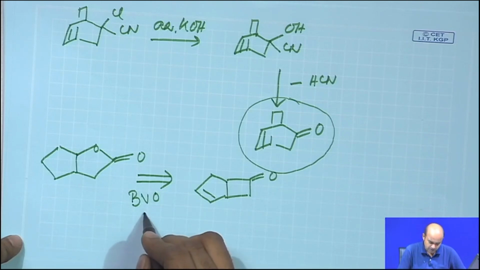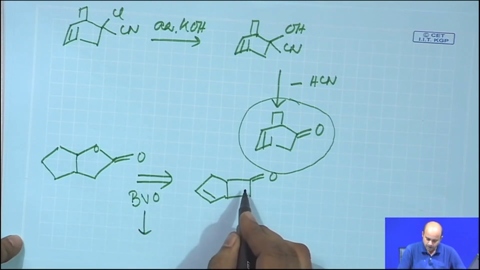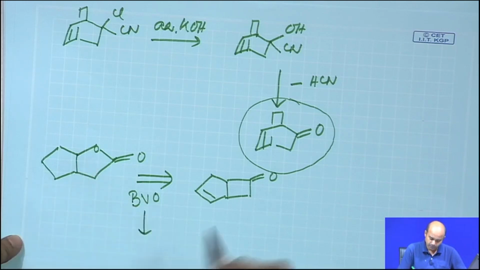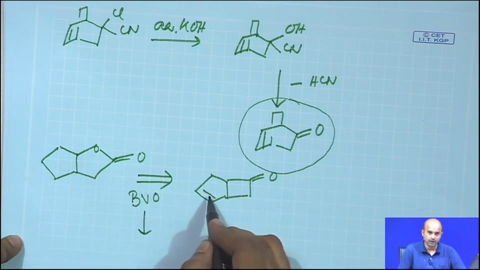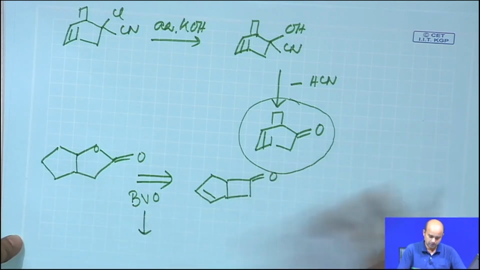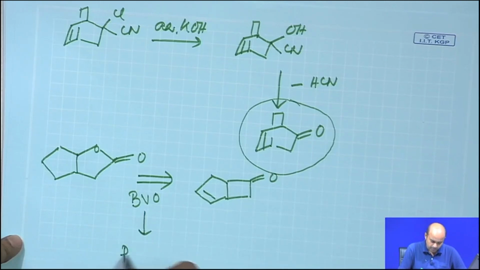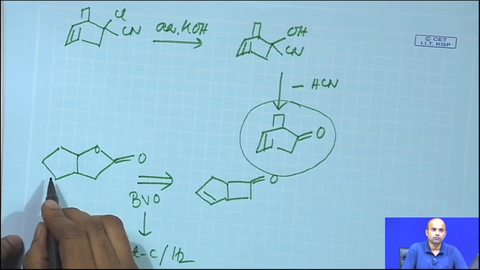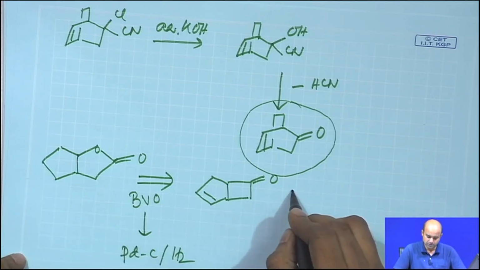So, Baeyer-Villiger oxidation will give you a 4-member ketone to a parent 5-member lactone. This double bond is required because you can then reduce it by palladium charcoal and hydrogen to get the target molecule, fine. For the target molecule you do not have a double bond unsaturation.